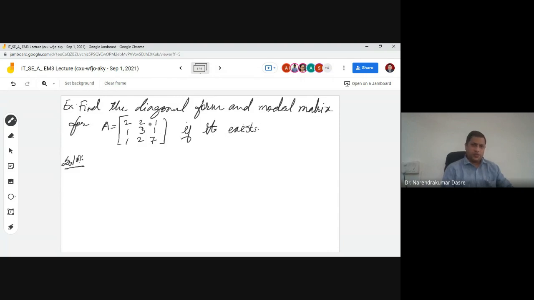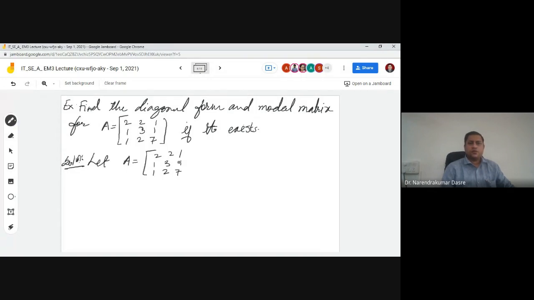If the matrix is diagonalizable, then only this will exist. If the matrix is not diagonalizable, then the model matrix or the transforming matrix will not exist. So let A equal [2 2 1; 1 3 1; 1 2 7].